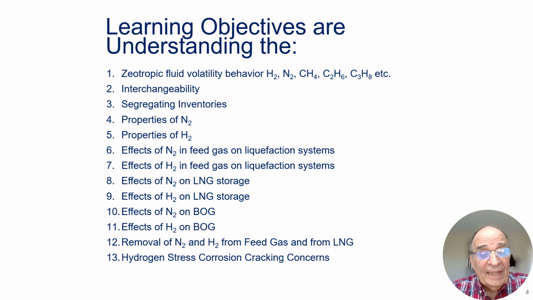We'll also cover how to remove nitrogen and hydrogen from the feed gas or from the LNG before it goes into tank storage. And we're also going to talk about hydrogen stress corrosion cracking, which is a concern when you're dealing with hydrogen and certain materials under stress conditions.